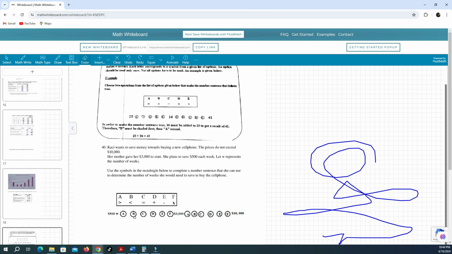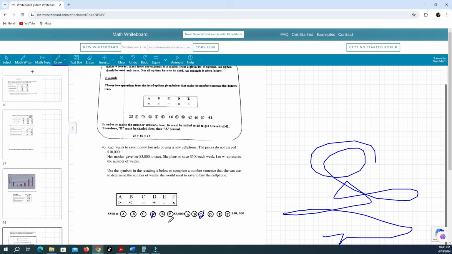$500 a week plus, so I would say D. Okay, no, $500 a week plus, which is D, 3,000, would equal, I'll just say equal, which is C, equal to $10,000.